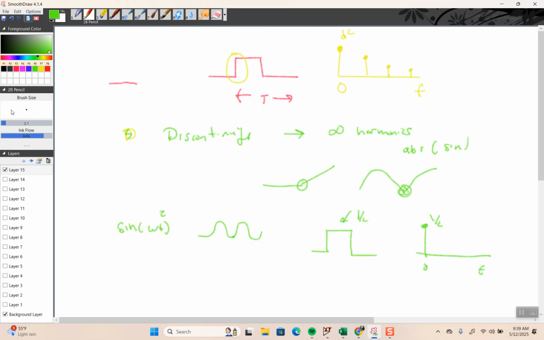I get 1/2. But let's say I'm going minus 0.5 to 0.5 and it's 50%. Well, the average is going to be 0. So it'll be 0. So I could have a sine wave like this, a square wave like that.